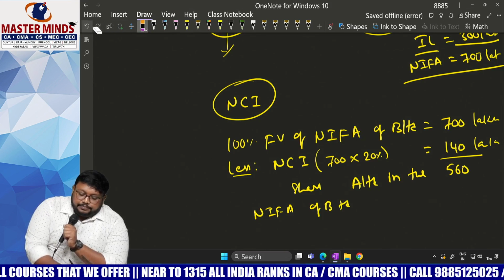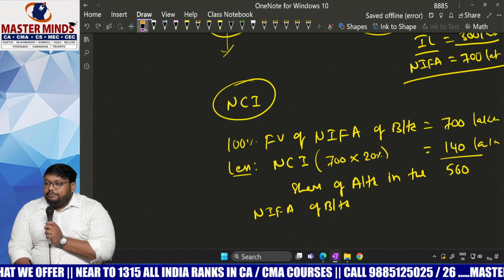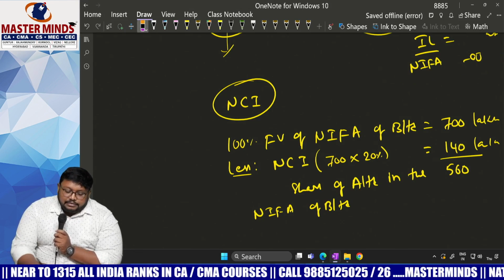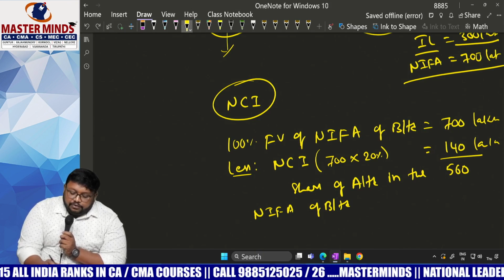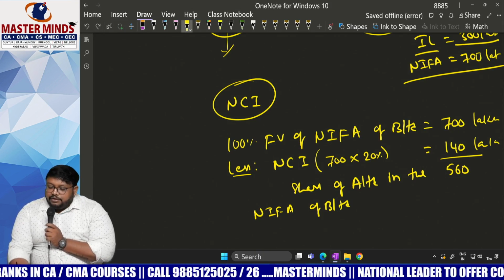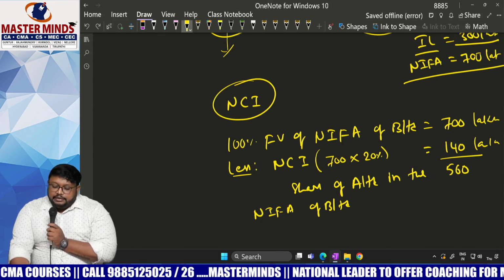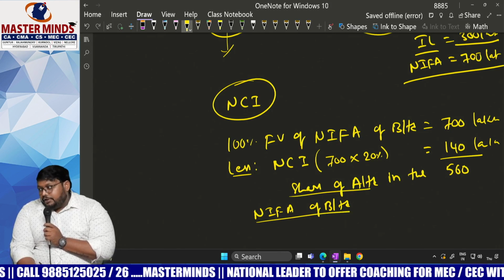Out of 700 lakhs, what is the share of A Limited? Only 560 lakhs. Remaining 140 lakhs, it is not in our control. So after deducting that, share of A Limited in the net identifiable assets of B Limited.